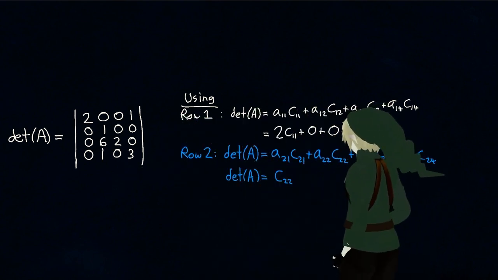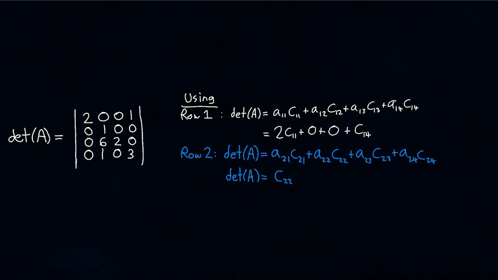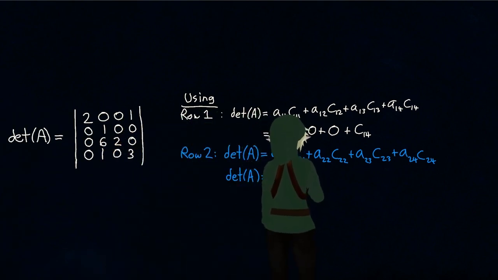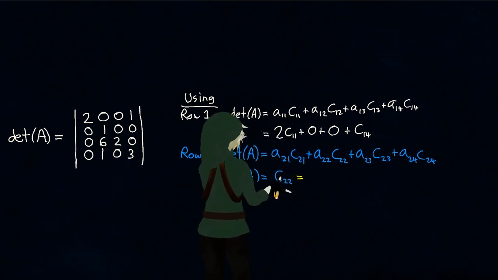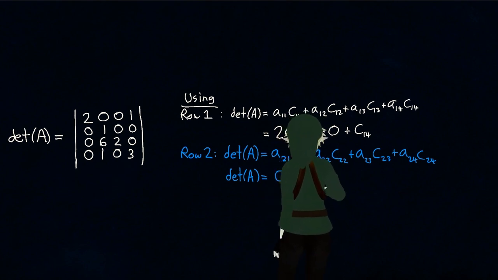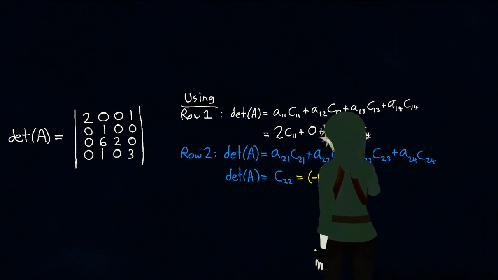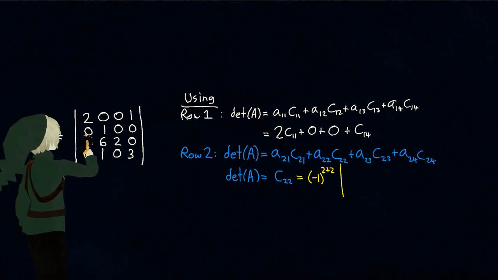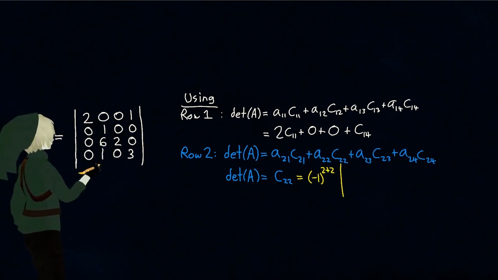Cool. So that means now I can go ahead and write my solution. Thank you very much for this row, for giving me a lot of zeros, because now I can easily compute my determinant of A here. Cofactor C22 is negative 1 to the power 2 plus 2, and then the determinant of the submatrix A22. That means we are deleting row 2, column 2.